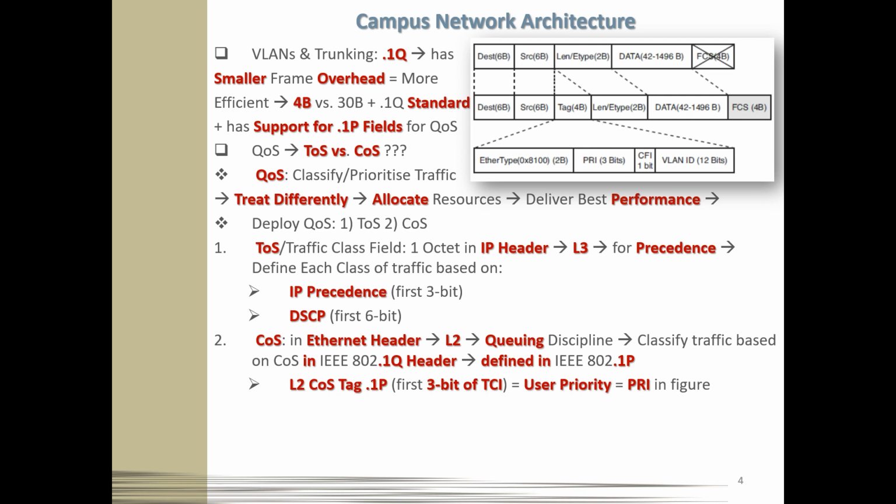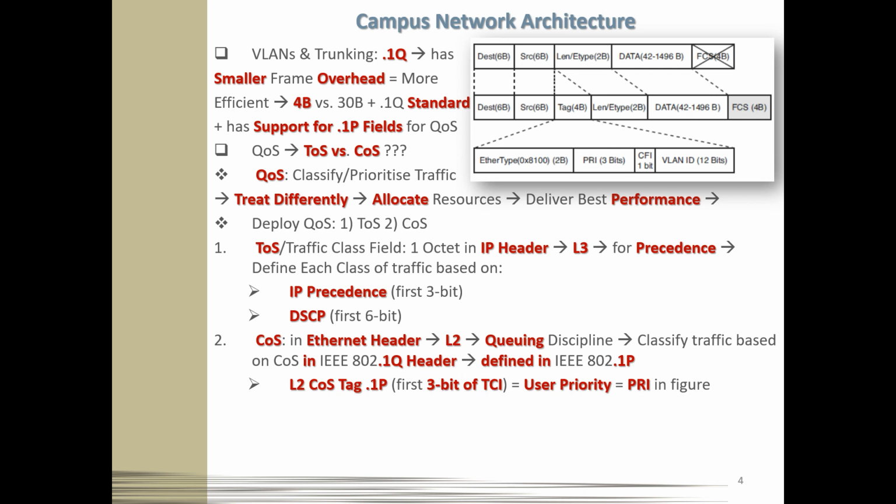Shortly, I'm going to discuss the difference between TOS versus CoS. For now, just bear in mind that 802.1p defines the first 3 bits of the tag control information TCI in order to define user priority, given 8 priority levels because 3 bits means 2 to the power of 3 equals 8. IEEE 802.1p defines the operation for these 3 bits called user priority.